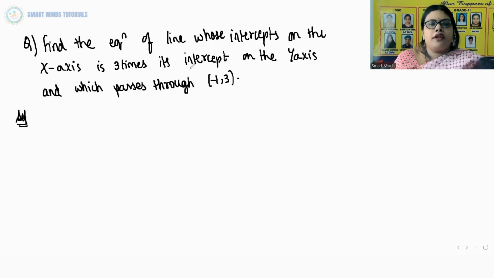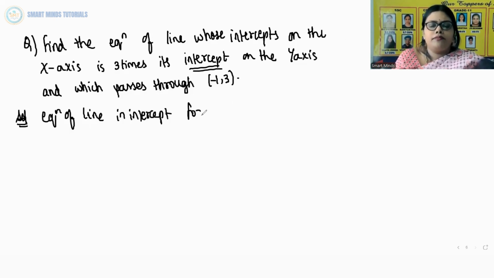So again you find the word intercept here. So we need to use the equation of a line in intercept form. So what is the equation of a line in intercept form? It is x by a plus y by b is equal to 1. Now also what is given to us?